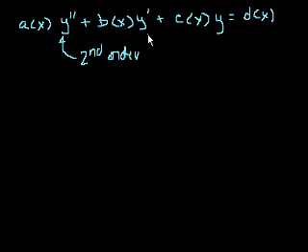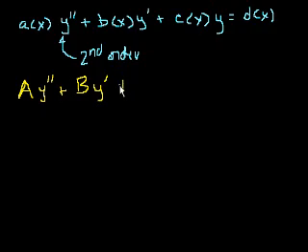And now before we start trying to solve this generally, we'll do a special case of this, where a, b, c are constants and d is 0. So what will that look like? I could just rewrite that as a times the second derivative of y with respect to x plus b times the first derivative plus c times y.